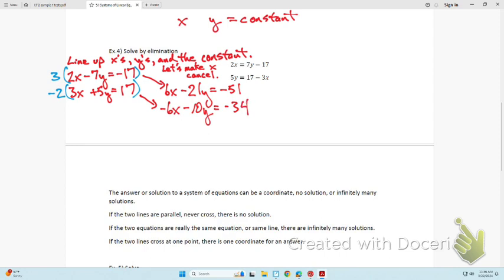All right, this thing is ready to go. When I combine these two equations, the x's cancel. I get negative 31y equals negative 85. Unfortunately, those are not divisible, and y is 85 over 31.